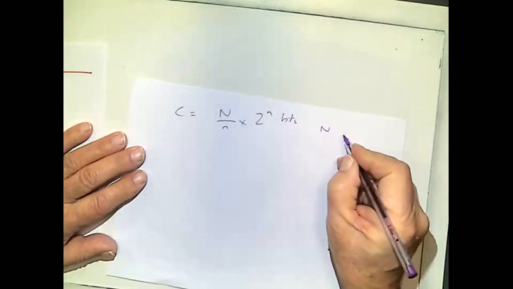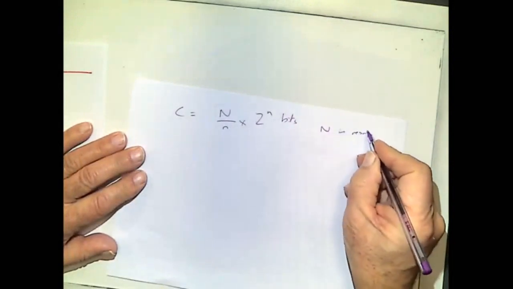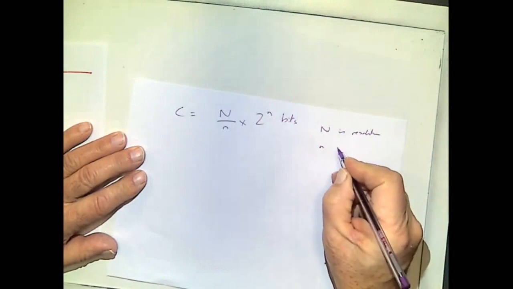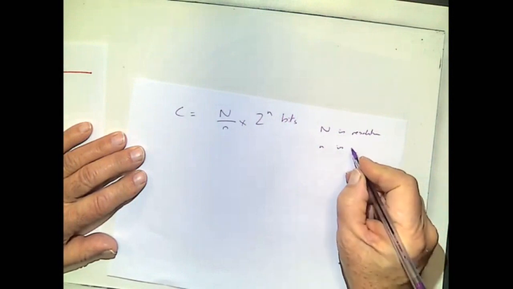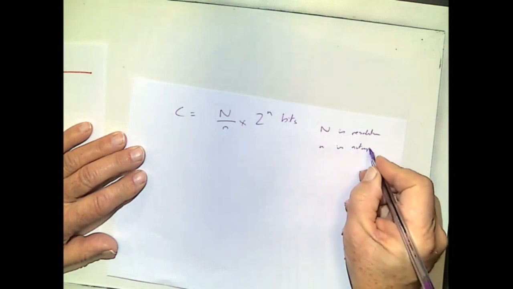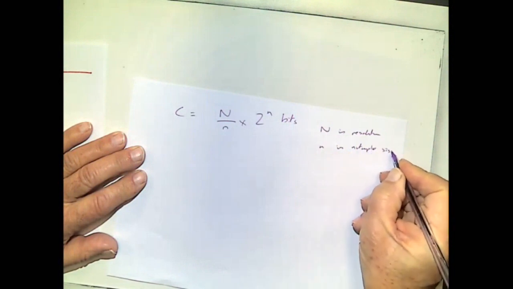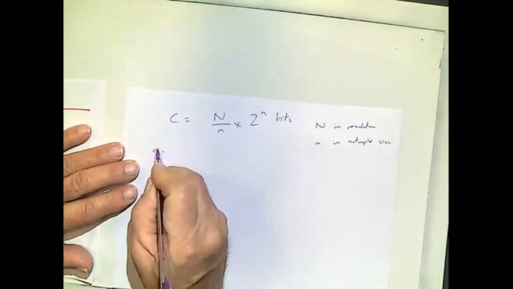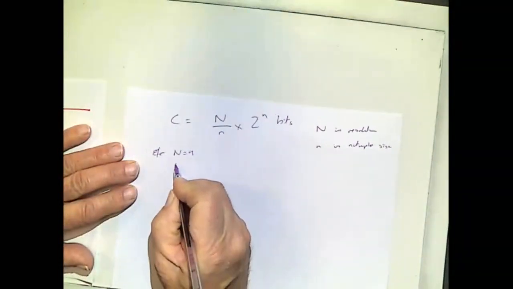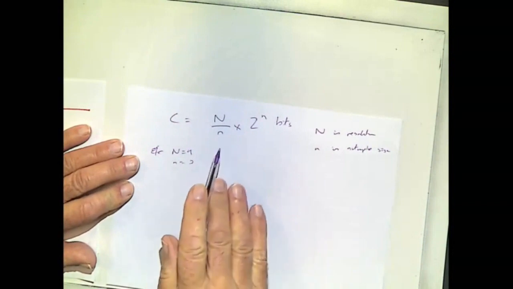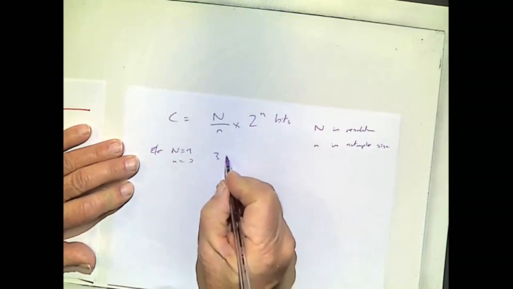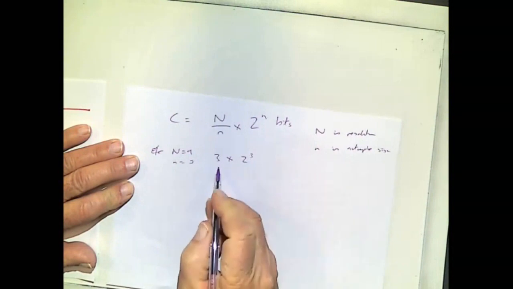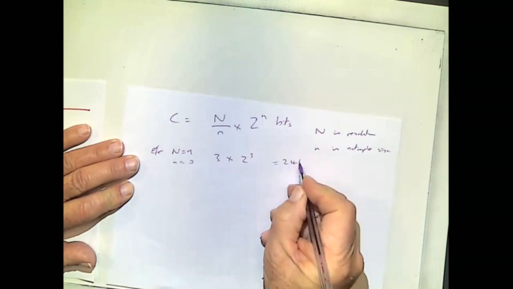And N is the resolution, and little n is the interval size. So, in our system, N equals 9 and little n equals 3. The cost is going to be 3 times 2 to the 3, which is 2 to the 3 is 8, so 24 bits. And of course, there they are.